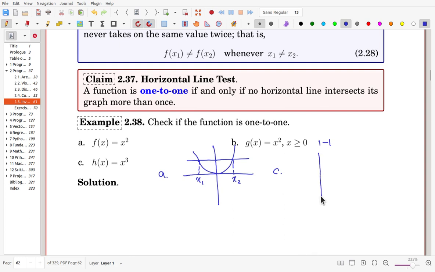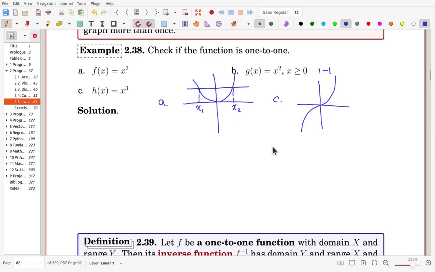Then the graph of this function comes in this way, and if you draw a horizontal line, then every horizontal line will intersect the graph only once, so it is again one-to-one. Okay.